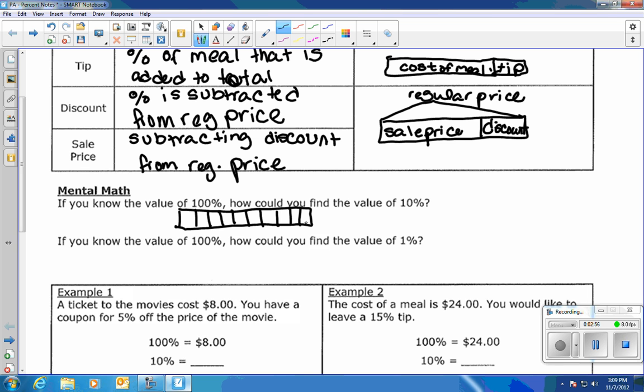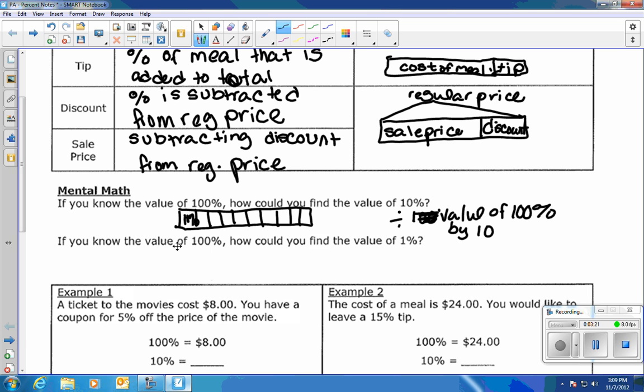So if this represents 100% and this represents 10, to find just that 10%, we could divide the value of 100%, whatever that is, by 10.